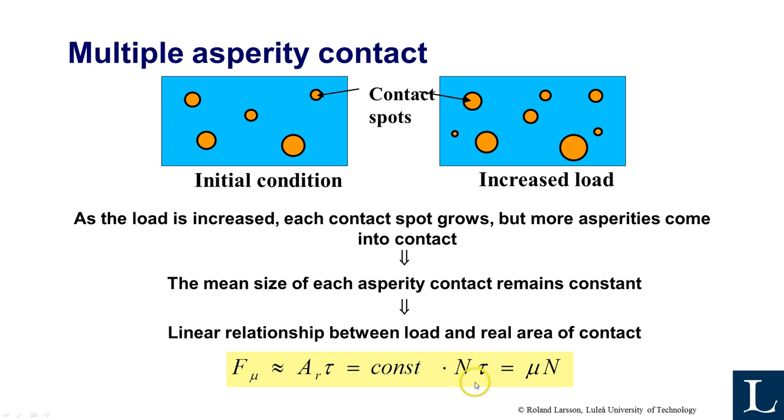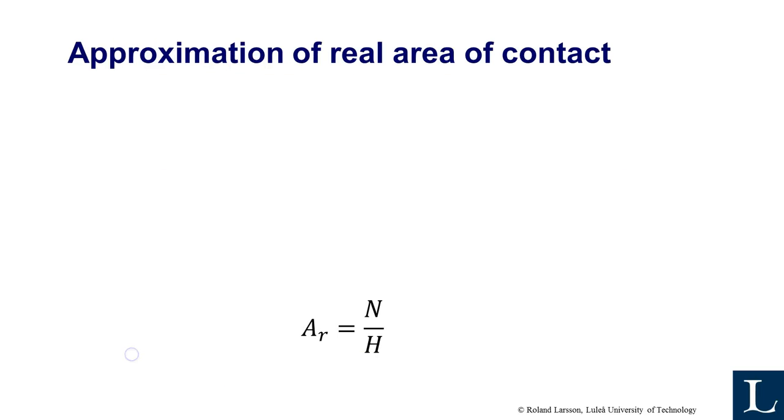Then you can see that if the constant is mu, what we call the friction coefficient, multiplied by the normal force. This is why we normally say that the friction coefficient is not a function of the normal load. This is not a general law, but it's a good approximation. And this is a kind of explanation for that.